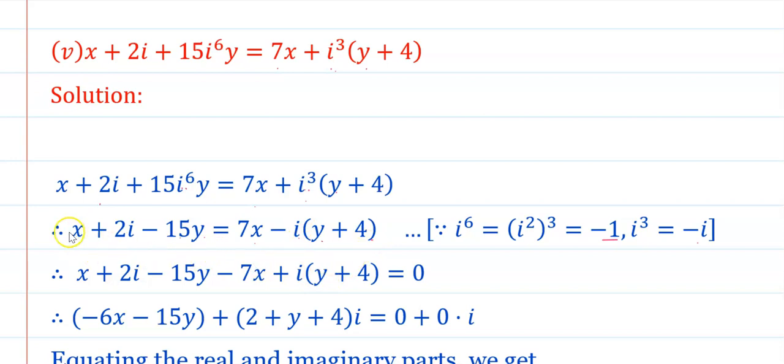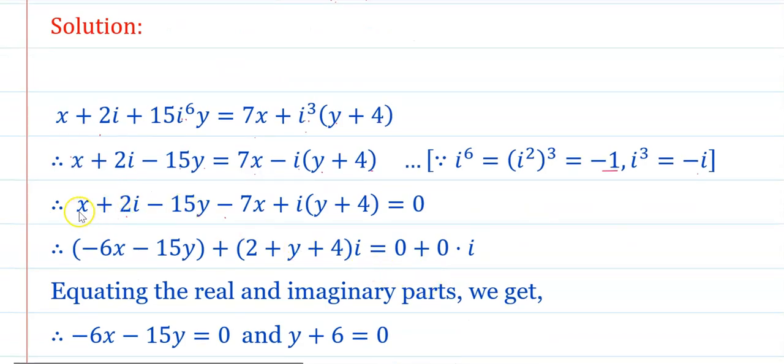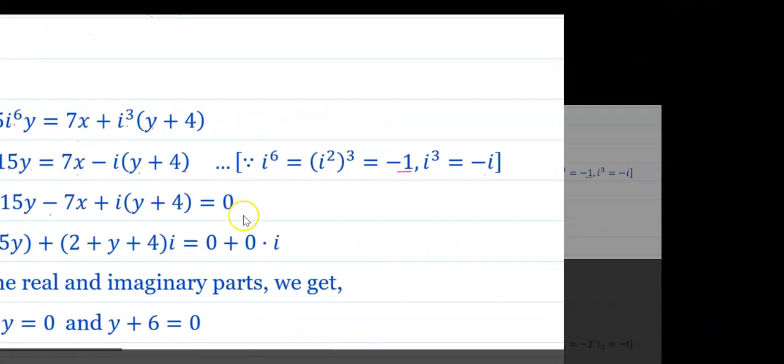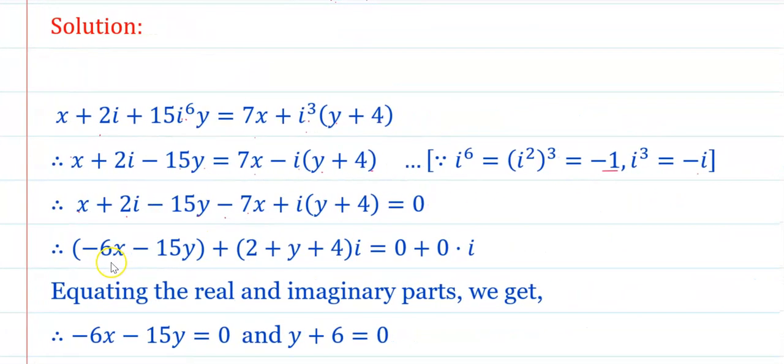पुन्हा हे evaluate करणार. x plus 2i minus 15y minus 7x. Okay. And this minus term, if we take to the left hand side, it will become plus. And that's equals to 0. Okay. Next बघा इथे x minus 7x, real part म्हणजे किती? Minus 6x minus 15y.